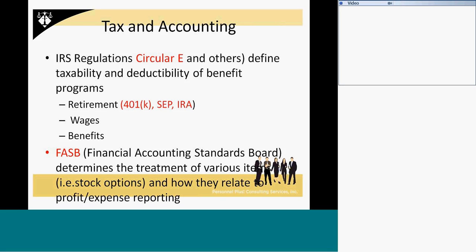The answer to that question is in Circular E, and the answer is no. If it's primarily for the benefit of the employer, it is not considered a taxable benefit. So a lot of questions come up, and having Circular E, Publication 15, on your desk is probably a smart thing to do.